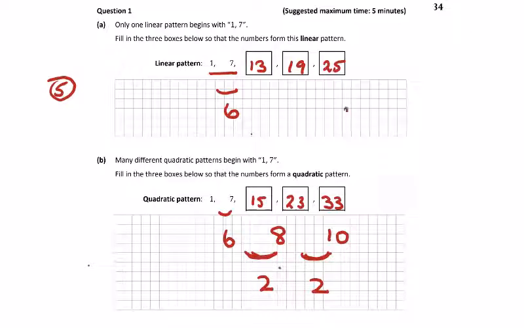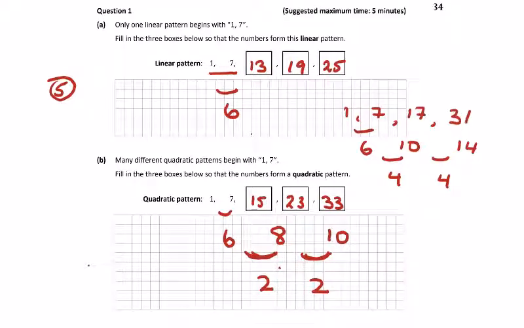If we do a second one maybe up here, 1/7 is all we're given. This difference is 6. If we take the second difference to be 4, 6 and 4 would be 10. This number would have to be 4 too, so this would have to be 14, and then you work your way back up. 7 and 10 is 17. 14 and 17 is 31, and so on.